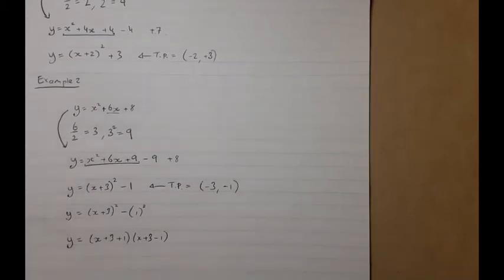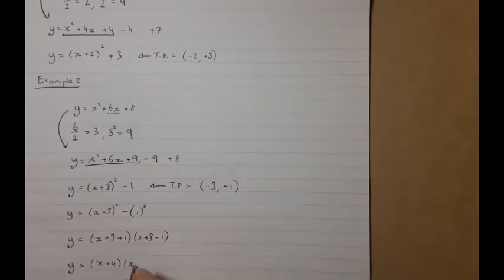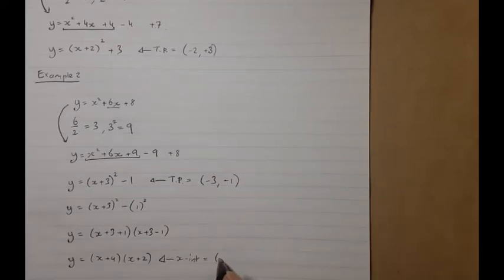Then I can just simplify my brackets and it becomes y is equal to x plus 4 times x plus 2. Now our x-intercepts from that are minus 4, 0 and minus 2, 0.